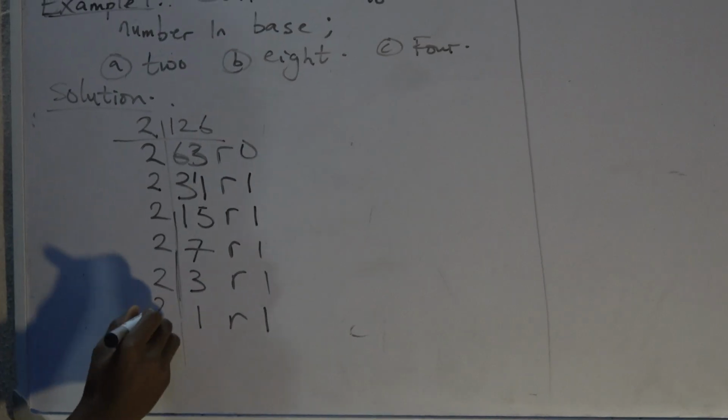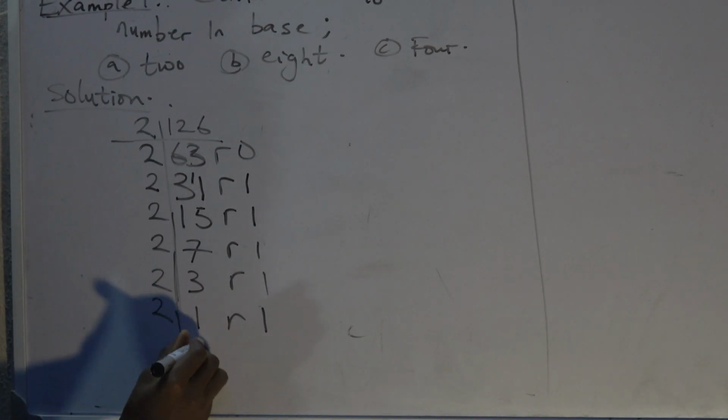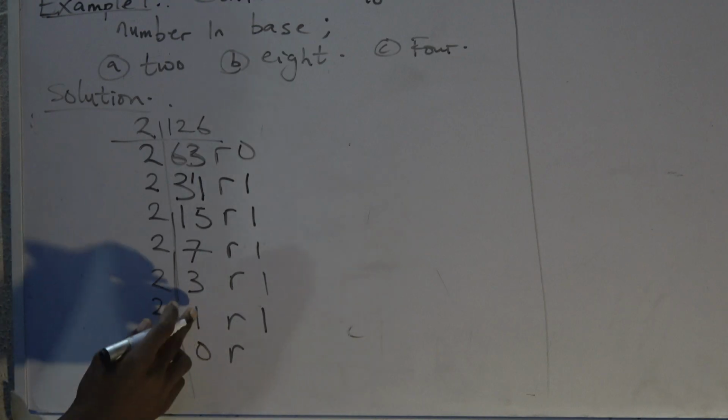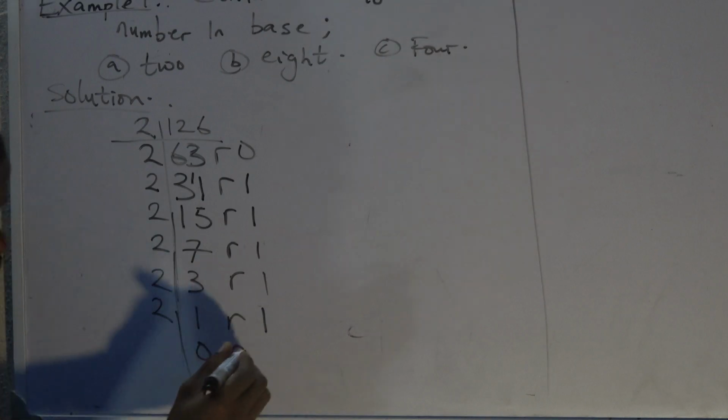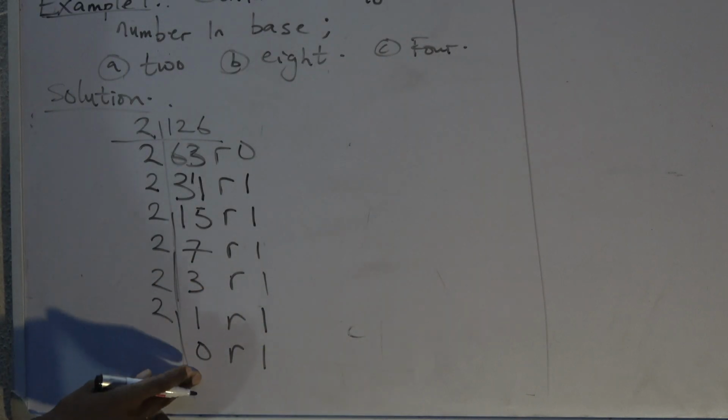Now we divide this 1 again. 2 in 1 is 0, and 2 times 0 is 0, so the remainder is 1. So we have gotten to the last point.